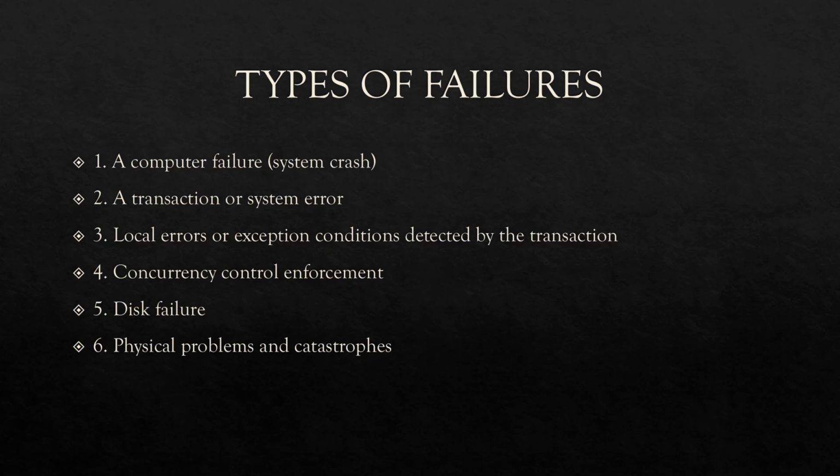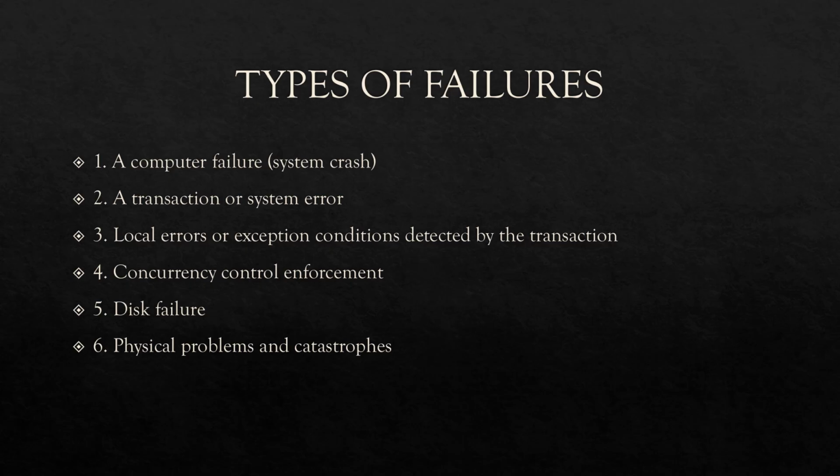A computer failure refers to a hardware, software or network error that occurs in the computer system during transaction execution. While you are doing transaction execution, a system error occurs. That is called computer failure. It is one of the failures.